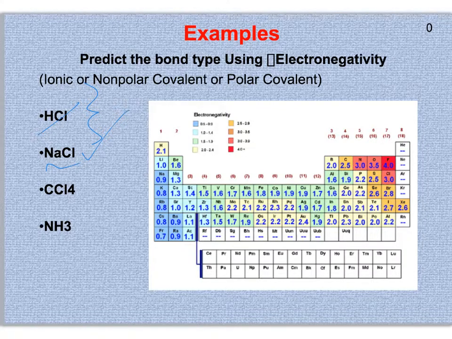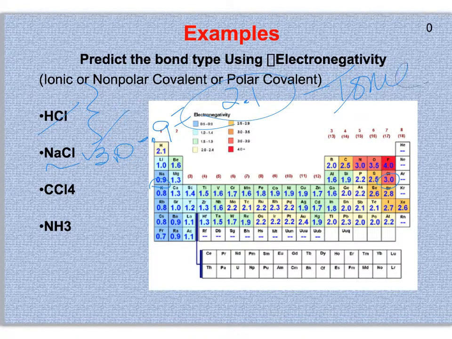All right, sodium chloride. Chlorine has an electronegativity of 3, and sodium has an electronegativity of 0.9. So the difference in electronegativity for sodium chloride is 2.1. That does correctly classify it as ionic.